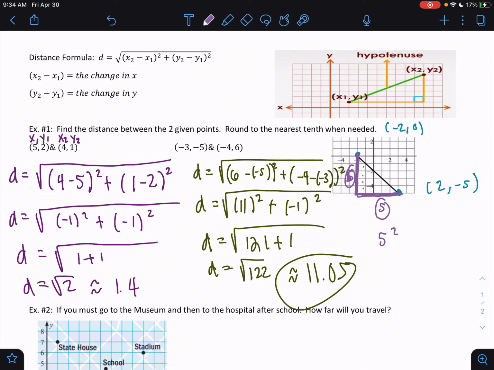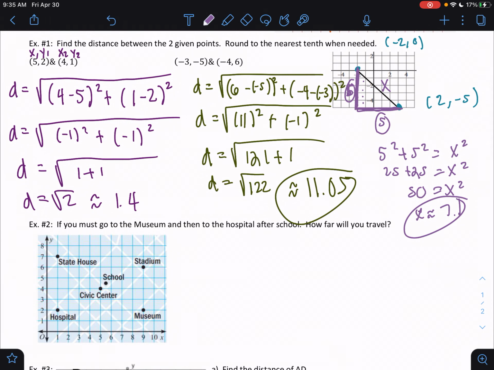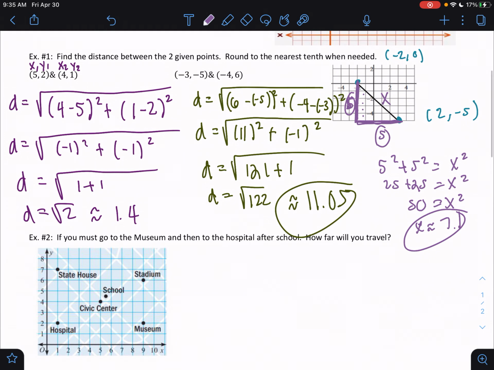And so we're going to have 5 squared plus 5 squared equals, and then this missing side, we want to know what the distance is, x squared. So we'll have 25 plus 25 equals x squared, which is 50 equals x squared. And the square root of 50 is approximately 7.1. Now you'd get the same answer if you used the distance formula. You would just have that distance, this is still on this top one over here, by the way.